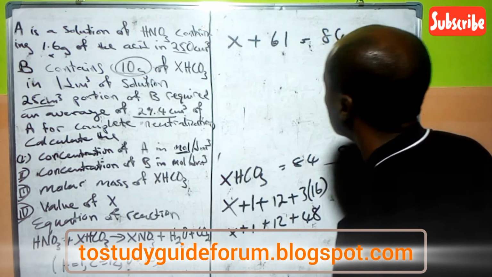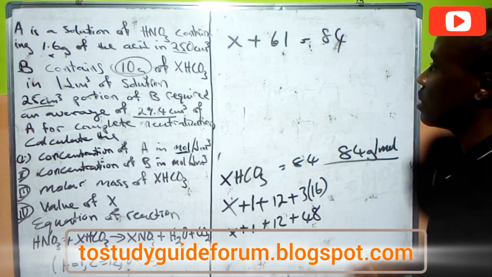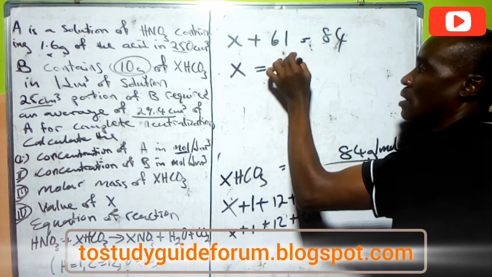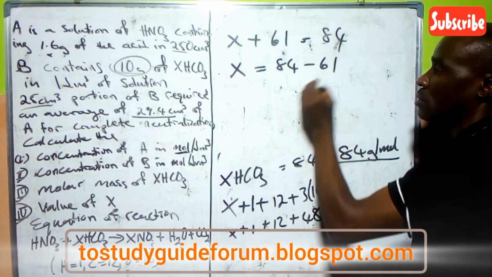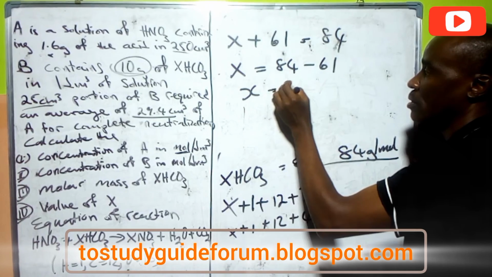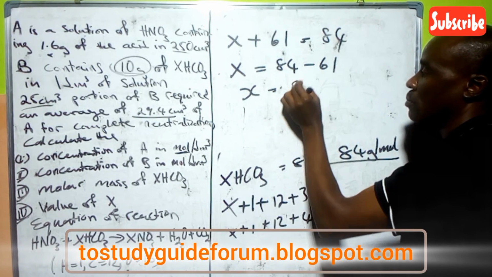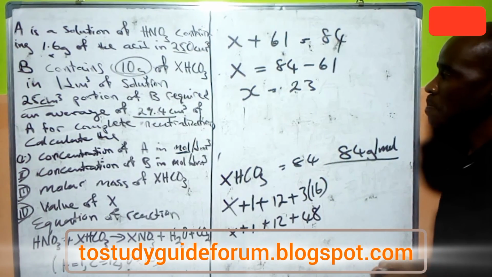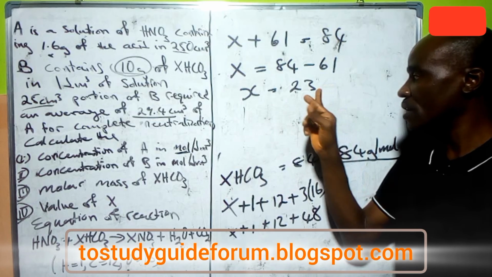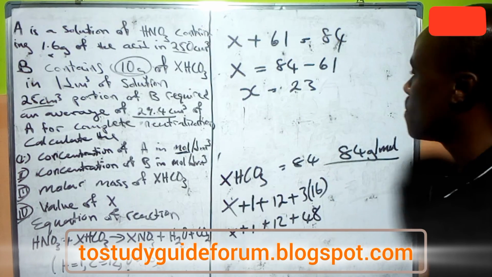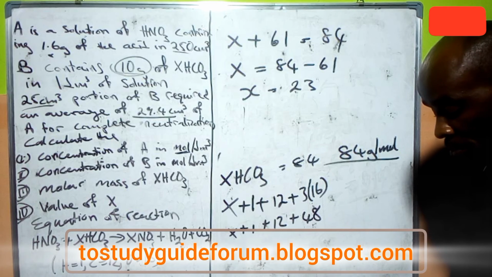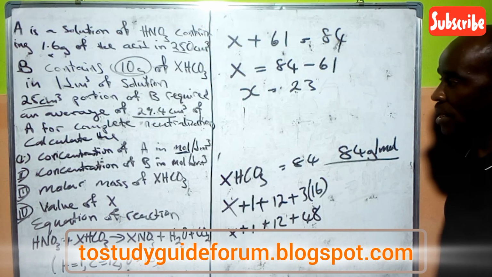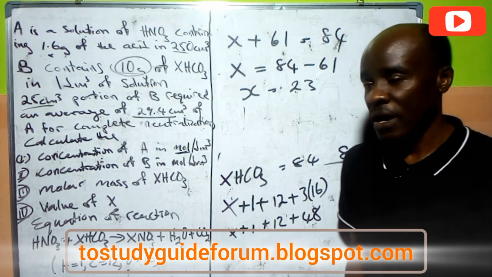Okay, it's correct, 61. So to get the value of X, we simply do 84 minus 61. That means X is 23. 84 minus 61 is 23. So that's the last question that we have here.